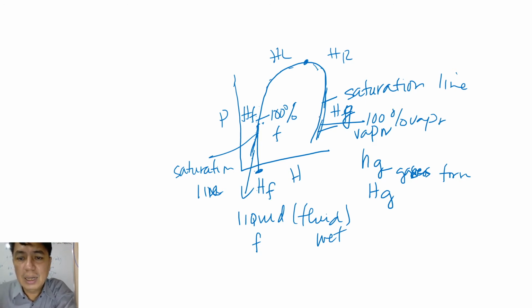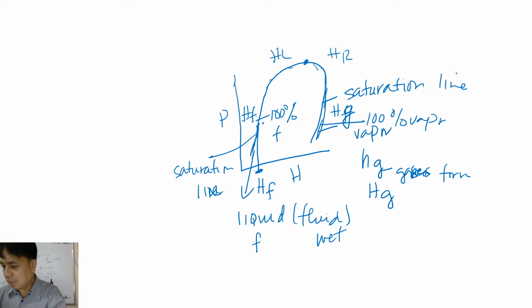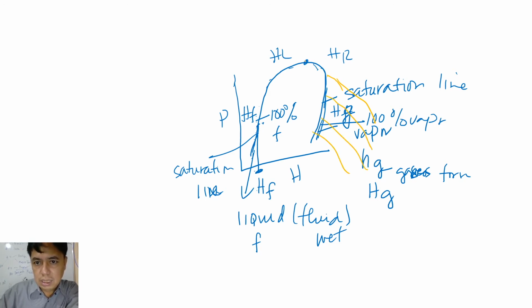But when you increase the temperature, by the way, let me use another color. The temperature line is this, right? The direction of temperature is like this. So these lines are the temperature curves.